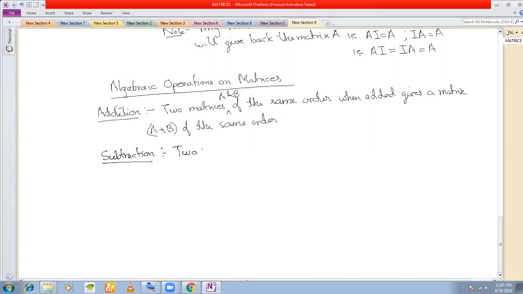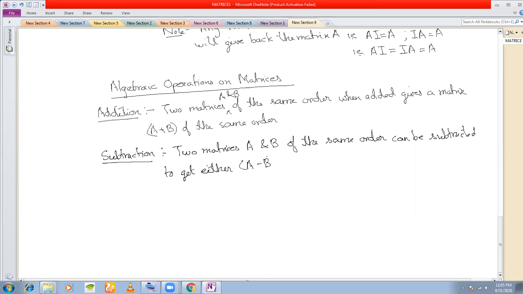Two matrices A and B of the same order can be subtracted to get either A minus B or B minus A, which is of the same order.